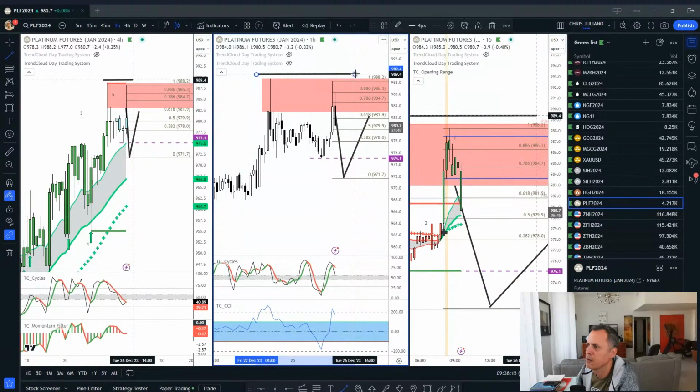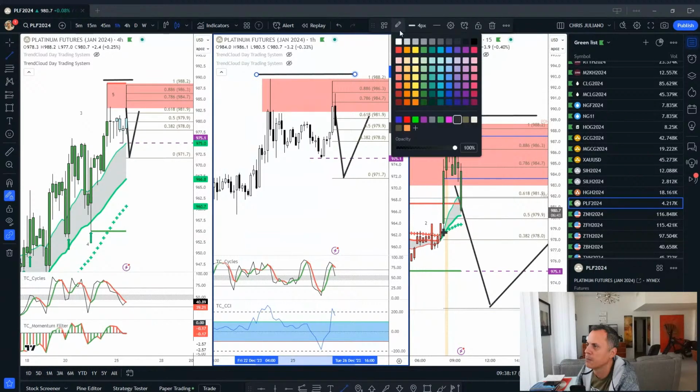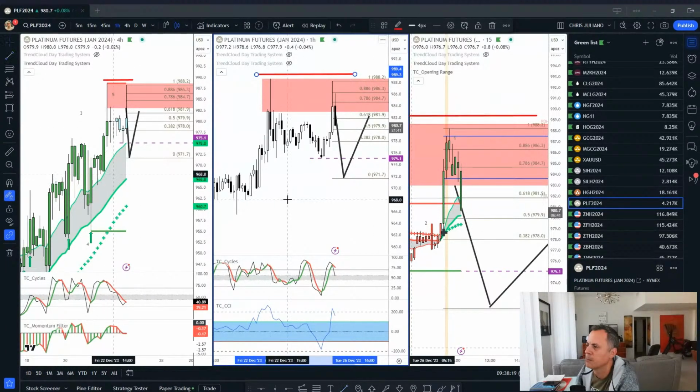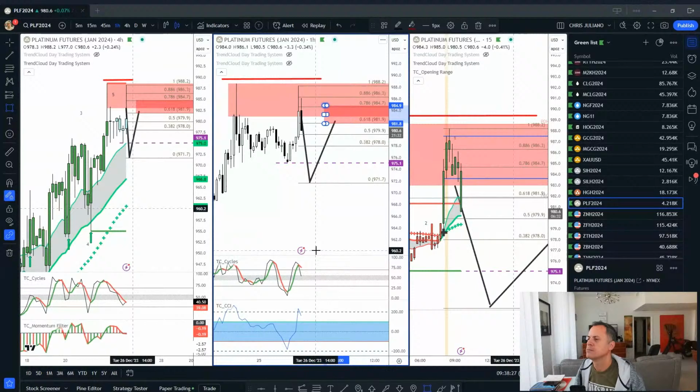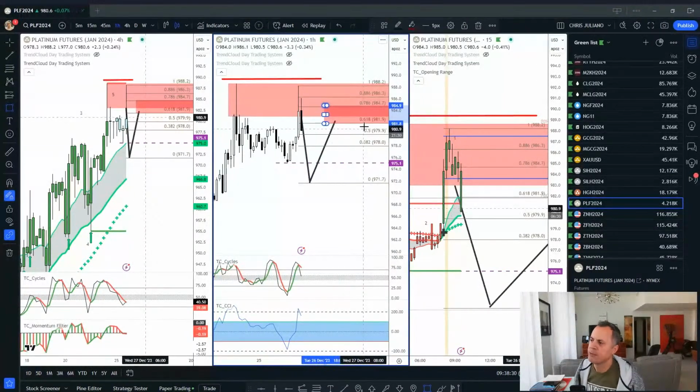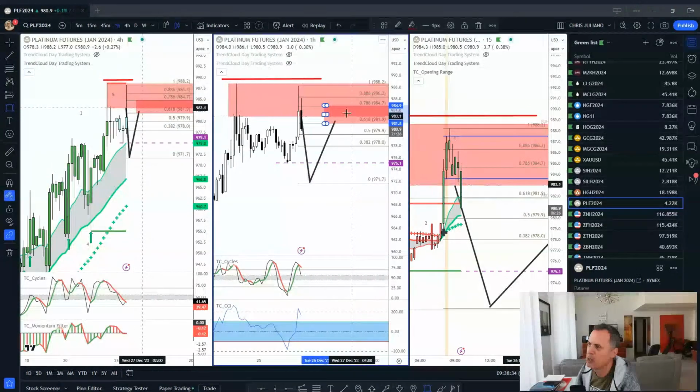Stop loss goes right there. And we enter the trade right in here, between that 618 and the 786. That's the sweet spot, right? That's how we handle the double top.